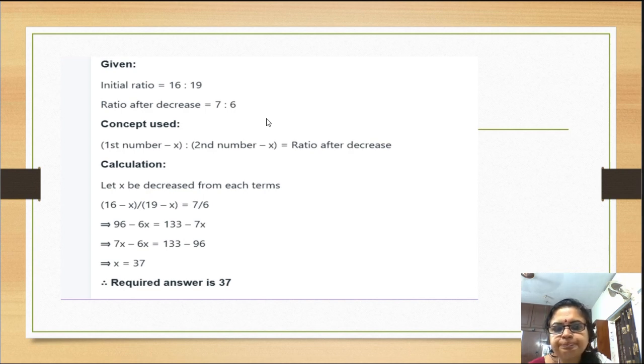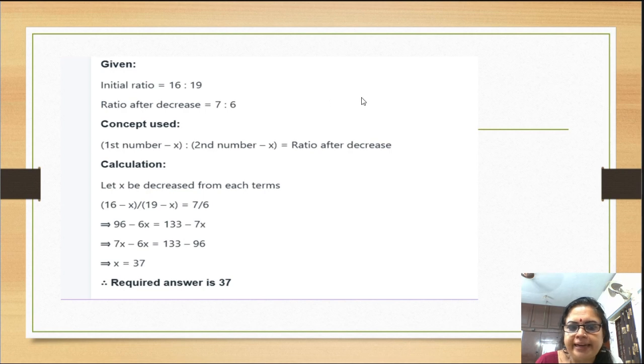What we need to look at here is that you cannot simply subtract and find that 16 minus some number is 7 and 19 minus some number is 6, as it is not given so straightforwardly. So you subtract a number x from each of the terms. You know that any ratio can be expressed as a fraction.